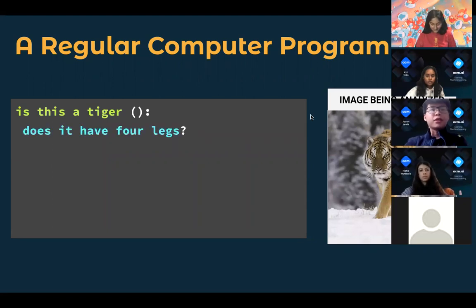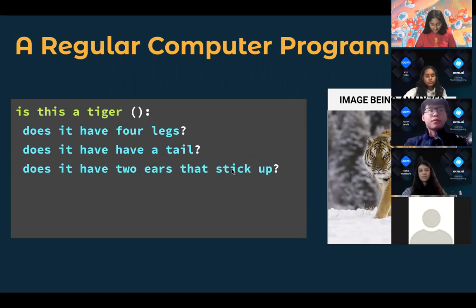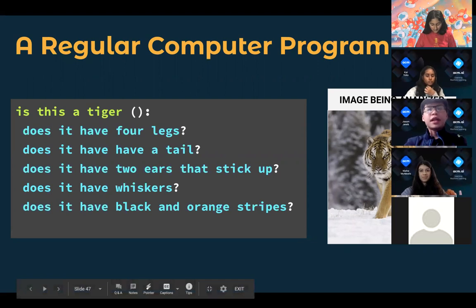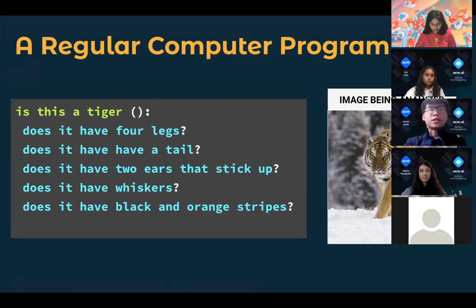There's some features we might look at, like does it have 4 legs? Yes, it does. Does it have a tail? Yep. Does it have 2 ears that stick up? Yeah, looks like it. Does it have whiskers? Does it have black and orange stripes? And if we look at these questions, we could answer yes for all of them for this image right here.